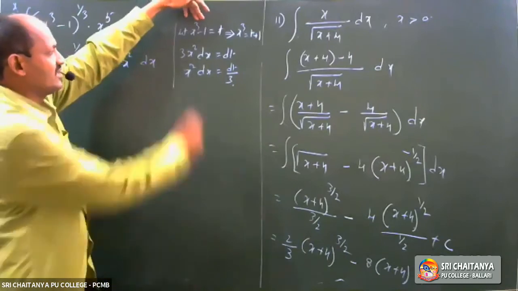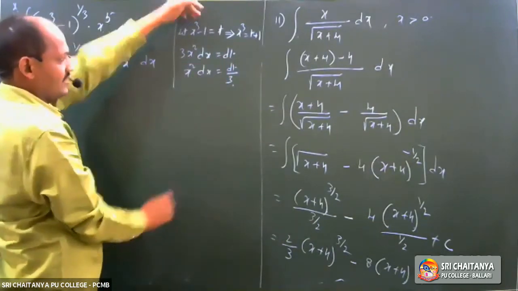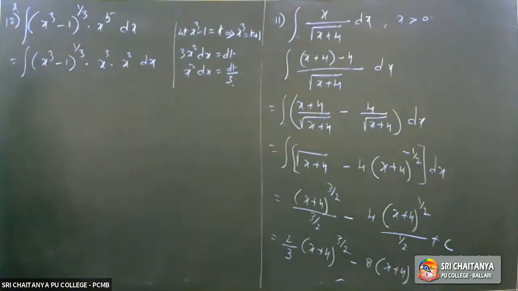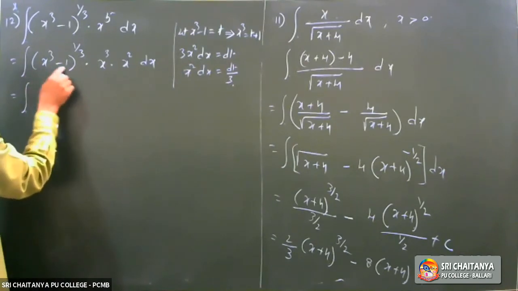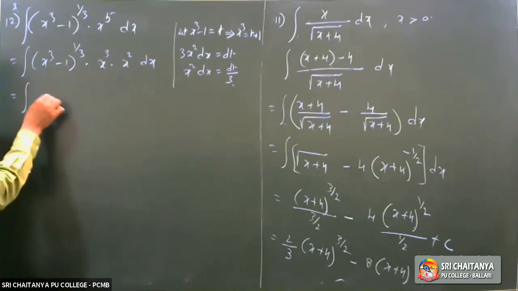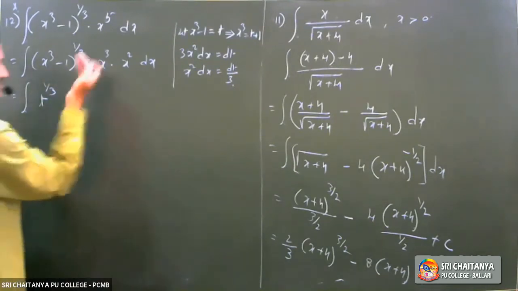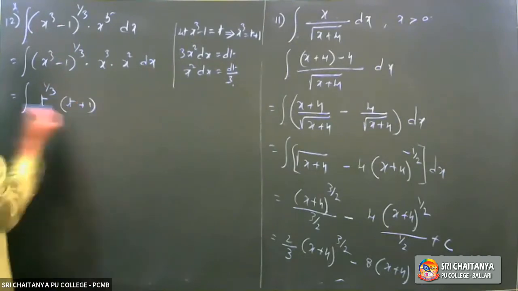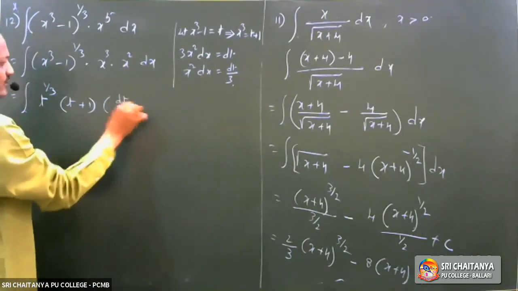Listen, this x cube minus 1 is considered t, so t power 1 by 3. Again, what about x cube? It is t plus 1. Then x square dx is dt by 3.